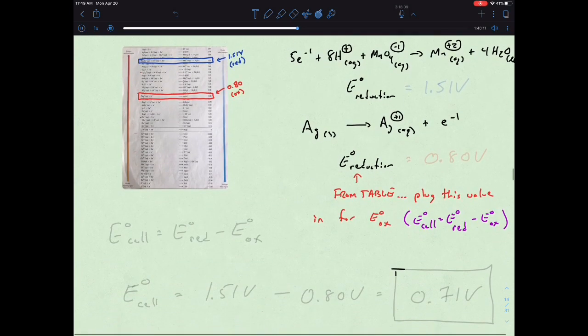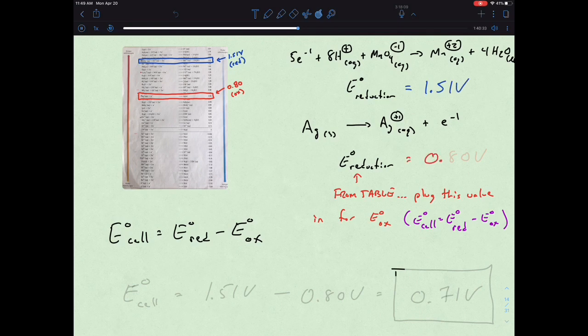So in terms of solving for our cell potential, we now know our values over here for the reduction and the oxidation side of things. Granted, they're both reduction potentials. We just want to plug them into the appropriate spot and let the equation do the work.